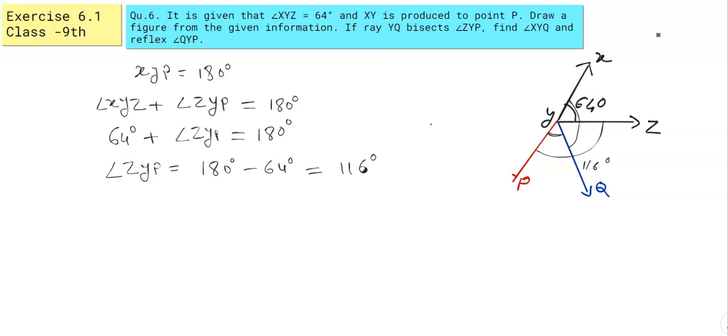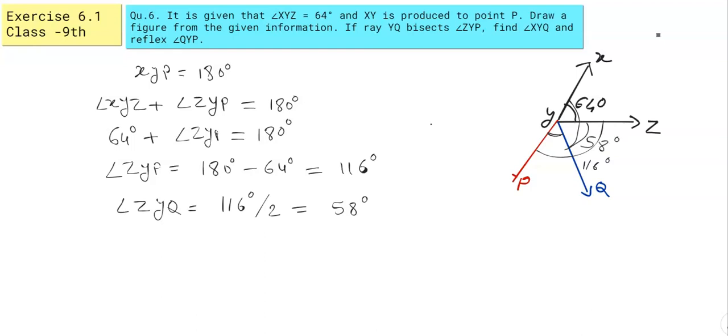So we will divide 116 by 2. The value of ZYQ is equal to 116 degrees divided by 2. Then its value is 58 degrees. So now we have the value of ZYQ also, 58 degrees.